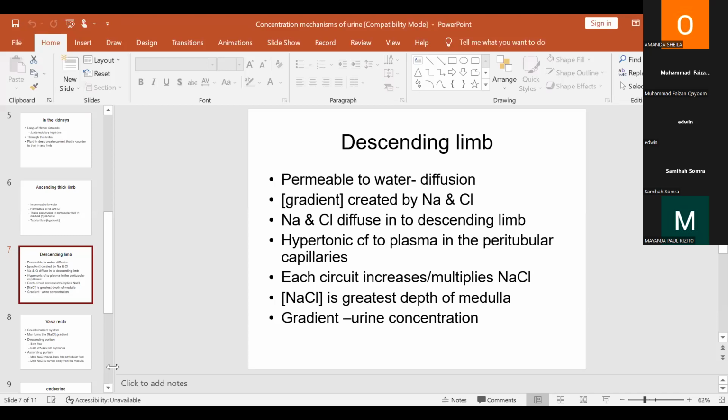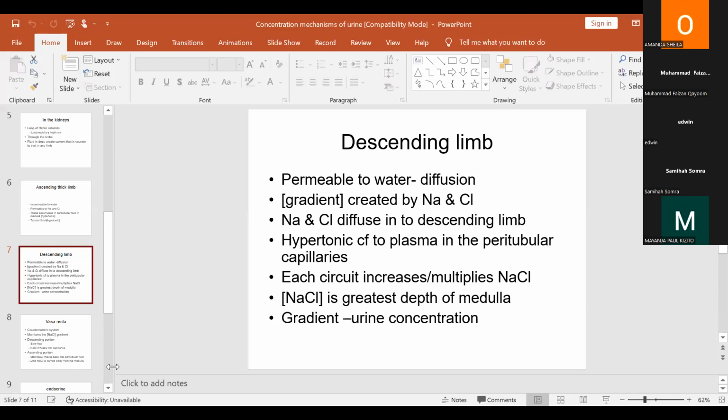When it ascends, that sodium is not allowed to go into the distal convoluted tubule and the collecting ducts. That sodium is reabsorbed into the medulla. So you concentrate the sodium, then you allow it to go into the medulla, and you are concentrating the medulla. And that concentration of the medulla, we have seen why it is important.